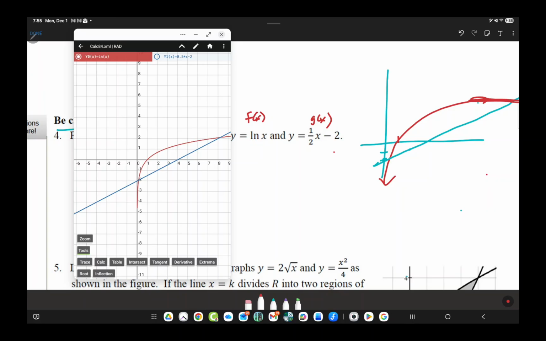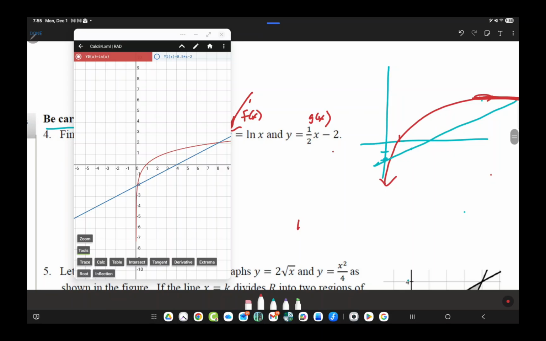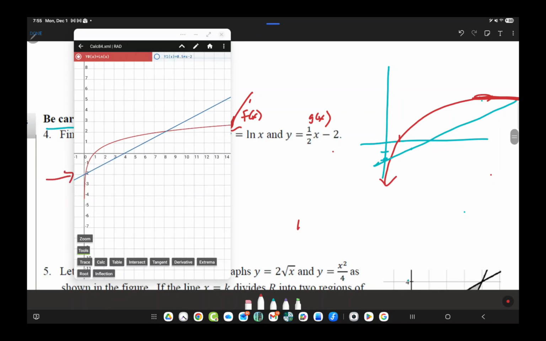When it says guess, because this intersects in 2 different locations, you need to put your cursor closer to the intersection you're looking at. If you scroll all the way over to the right, it's going to give you that one right here. If you put your cursor over here, it'll give you that one. So when it says guess, it's saying put the point closest to the point you want to find, and that's the value I'm looking for.